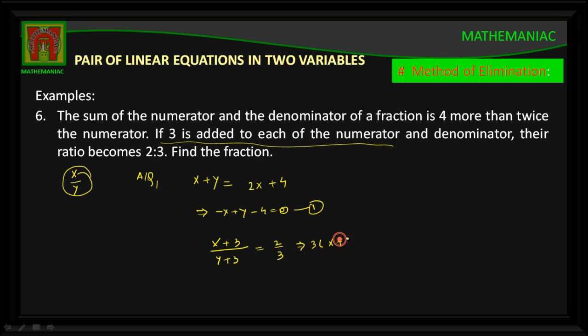You know about the cross multiplication. Already you got it in lower classes perhaps. So we got it, and then we'll try to simplify this, right? So what I'm arriving at is 3x minus 2y plus 3 equal to 0.